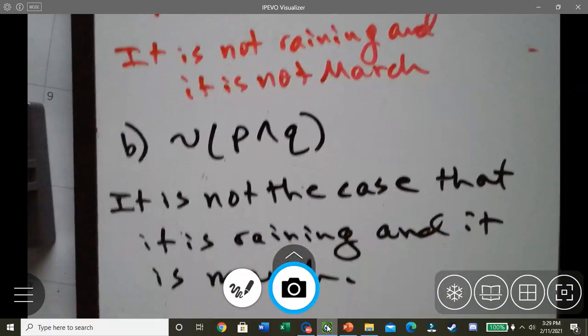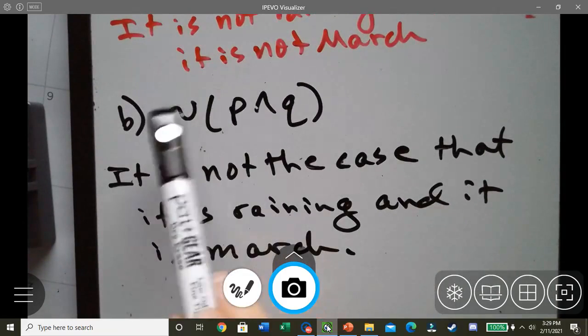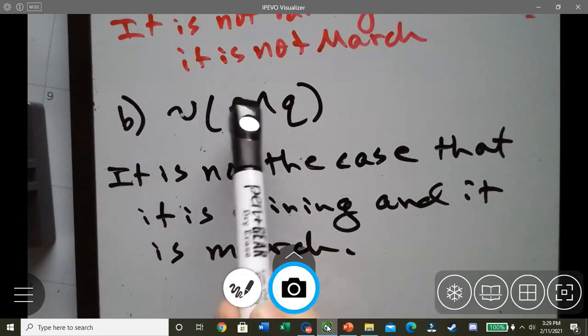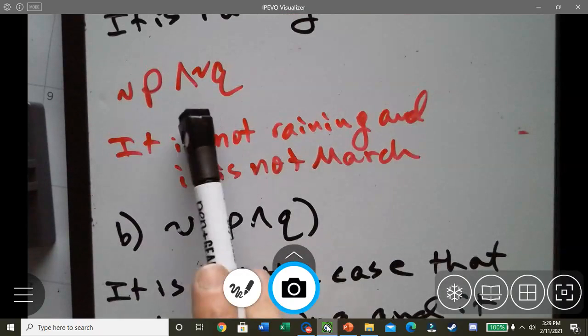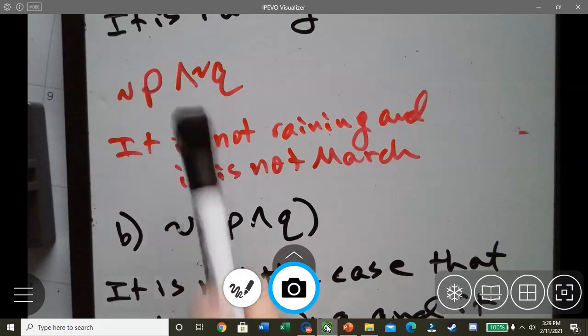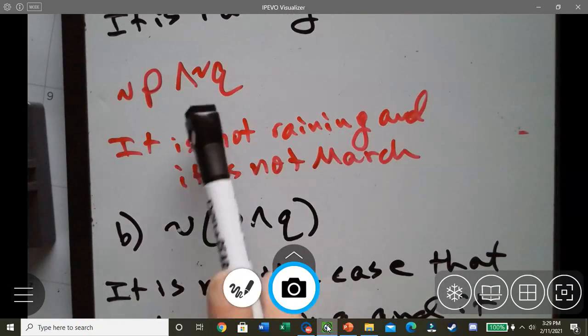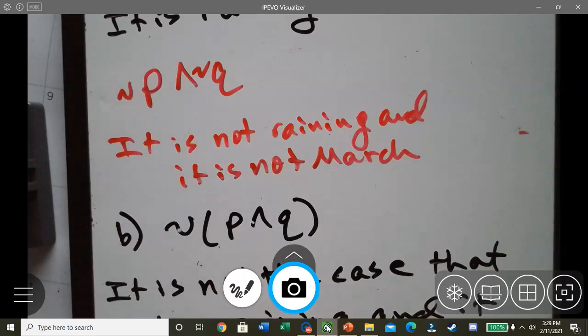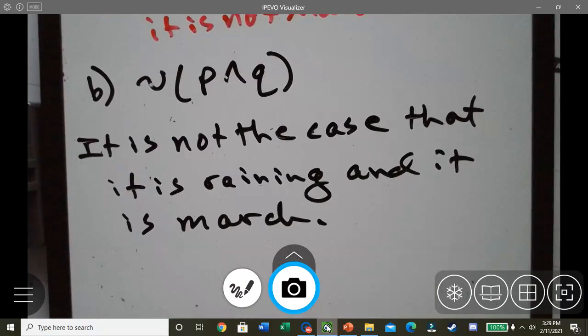In other words, it's not like you can distribute that not into both and get this, because these are not equivalent truth tables. And you'll see that later on in the lesson.